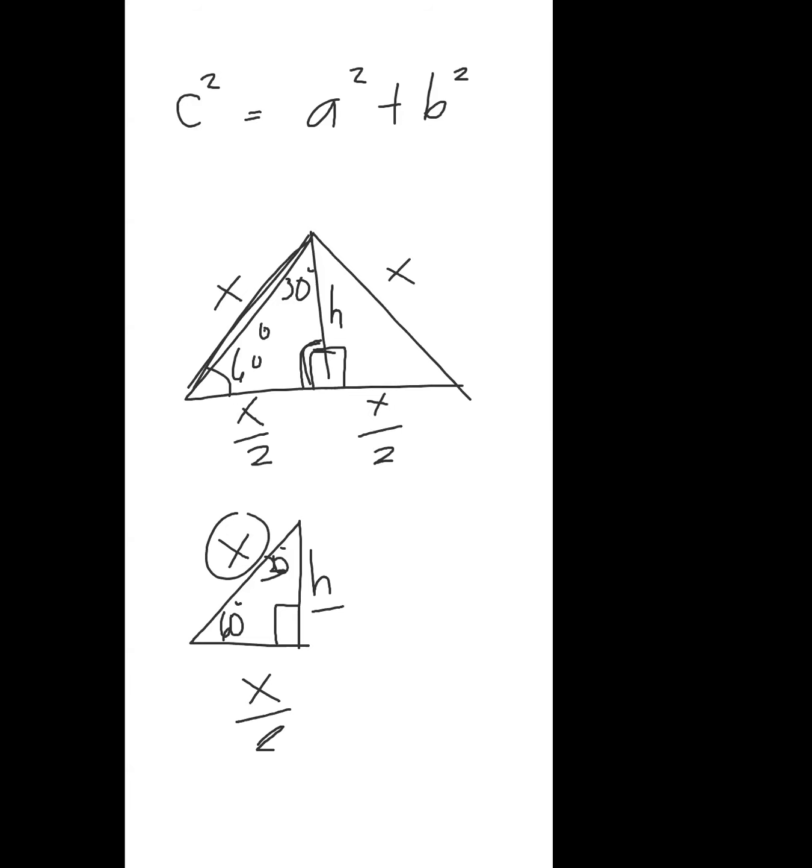So dito, gagamitin natin yung formula which is h equals the square root of x squared minus, ito yun, yung ating isang side. We have x over 2 squared. So, we have x squared and x over 2 squared.